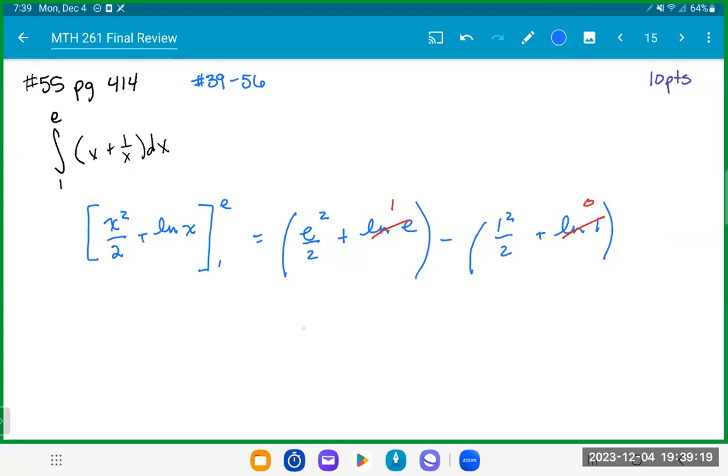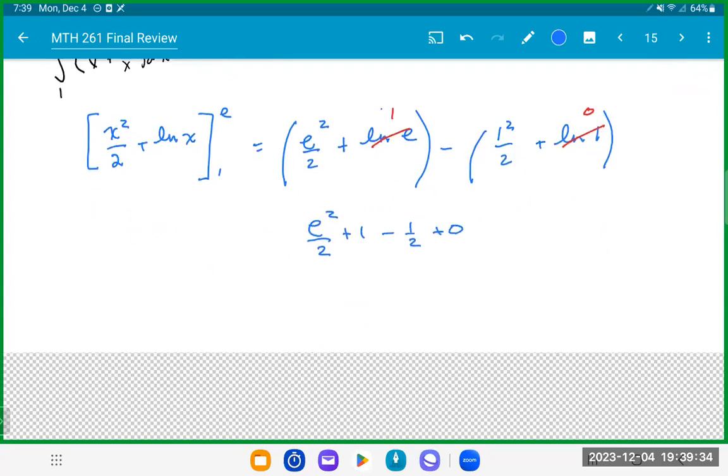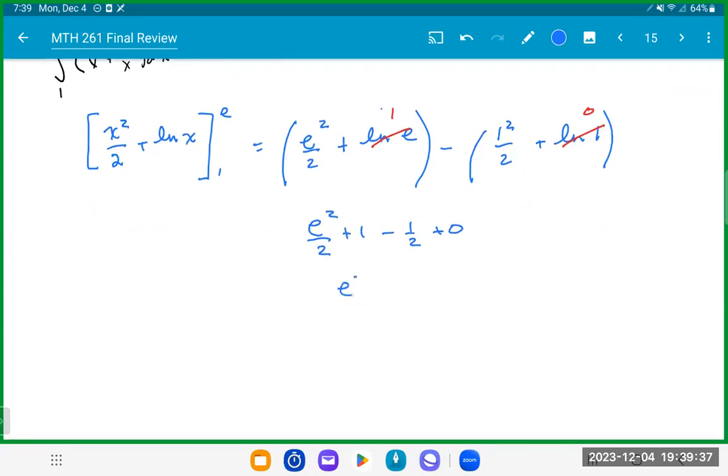So when we simplify, we end up with e squared over 2 plus 1 minus 1/2 plus 0. That gives e squared over 2 plus 1/2, and we can put that on one fraction: e squared plus 1 over 2, which is approximately 4.195.